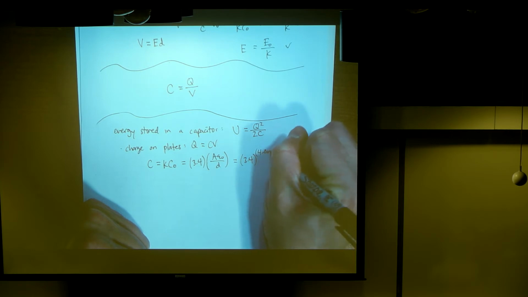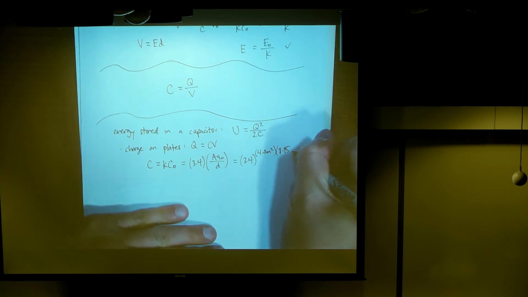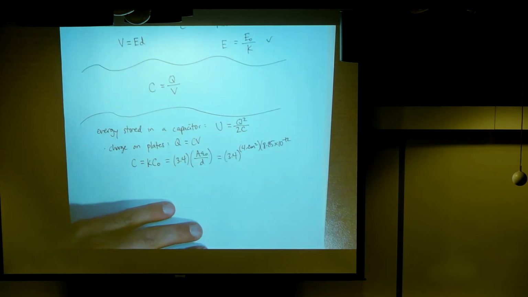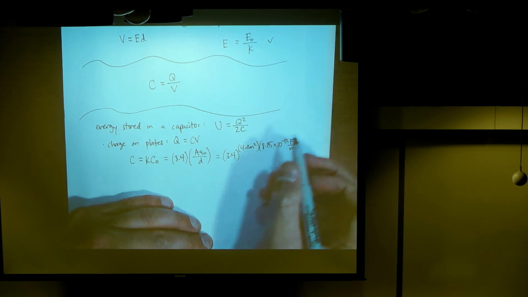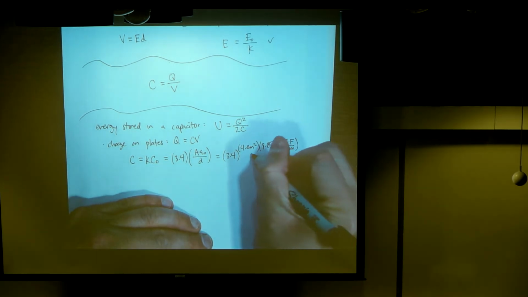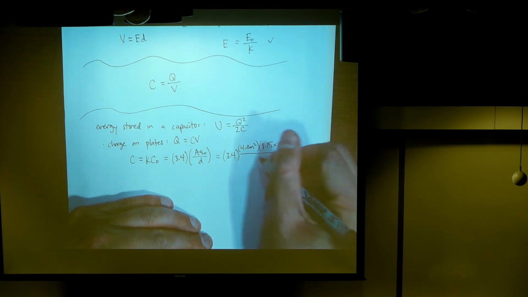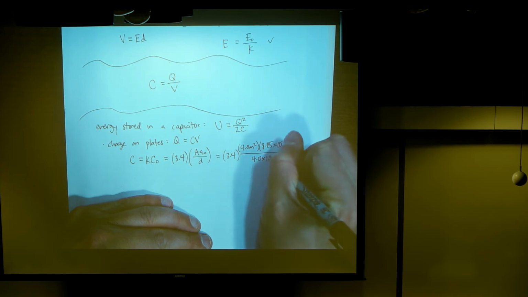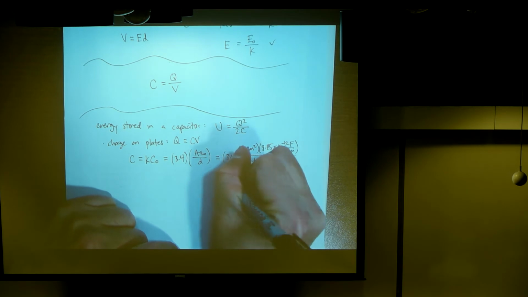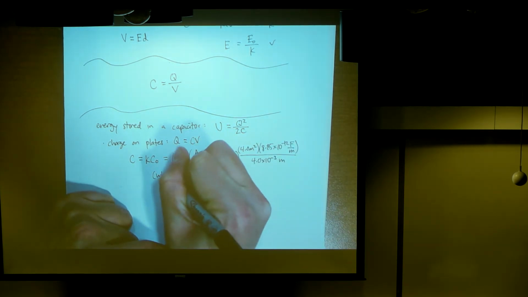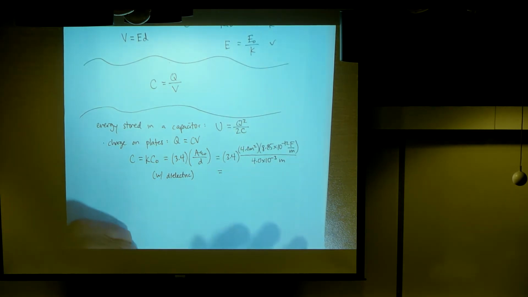Epsilon naught, 8.85 times 10 to the minus 12. Remember, this can be written as farads per meter. That's going to be useful here just to see how everything works out. And then the distance between the plates was 4 millimeters. So that's 4 times 10 to the minus 3 meters. Okay, now just to be clear, this is with the dielectric because we're multiplying by our K constant.